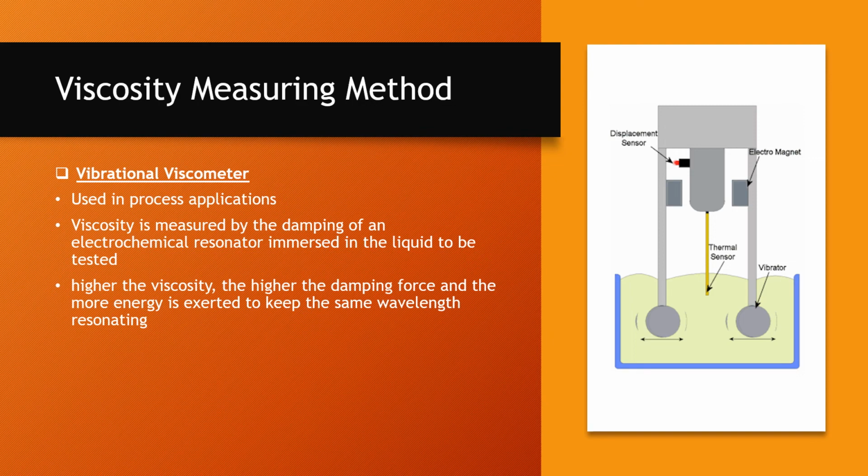Now, an electromagnet would pick up the resonating wavelengths, and the displacement sensor would be used to measure the damping displacement. The higher the viscosity, the higher the energy exerted, and the higher the damping force needed to keep the wavelength resonating at the same pace. And the displacement sensor would relate it with the wavelength to get your viscosity.